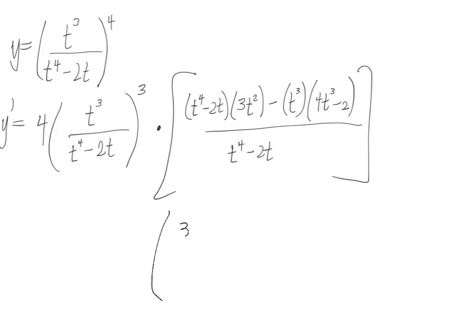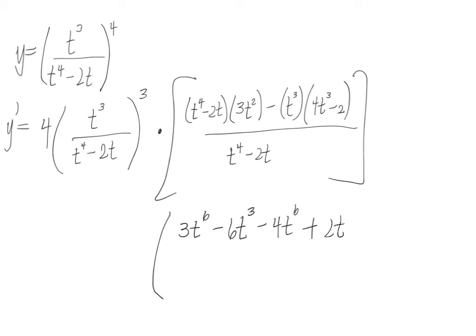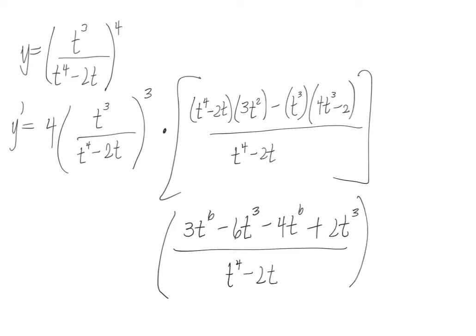That is 3t to the sixth minus 6t cubed minus 4t to the sixth plus 2t cubed, all over our denominator squared. So what I'm about to do is combine like terms in that numerator.